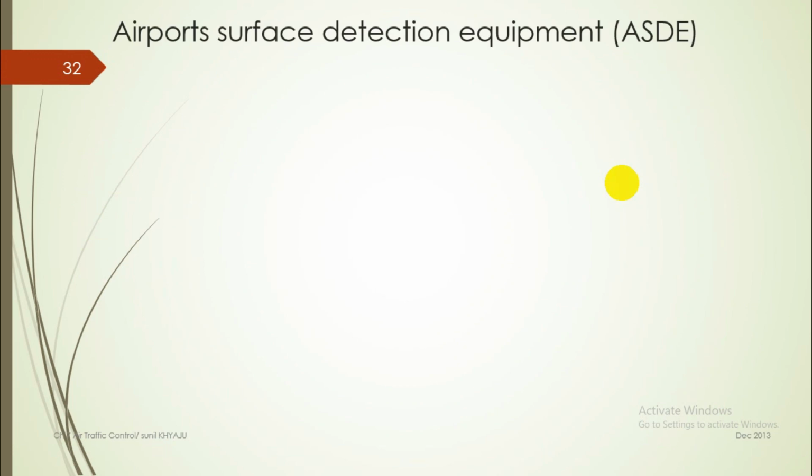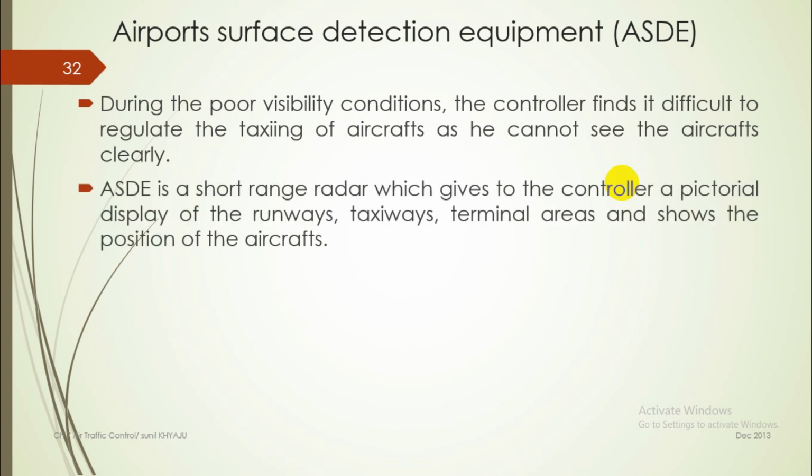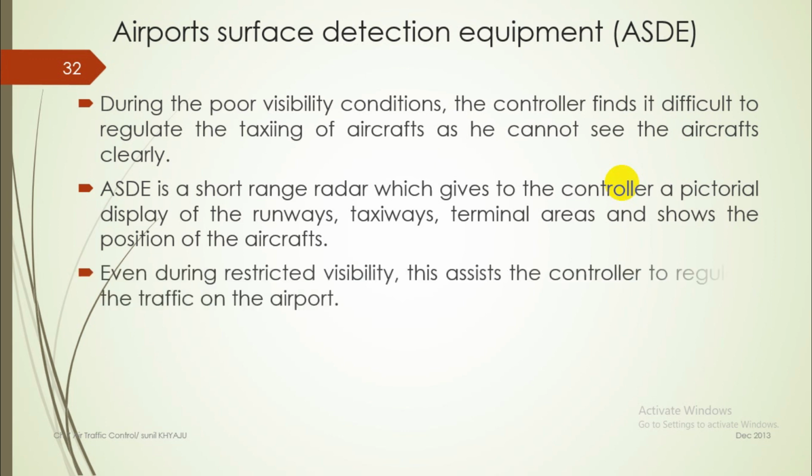Airport surface detection equipment. During poor visibility conditions, the controller finds it difficult to regulate the taxiing of aircraft as he cannot see the aircraft clearly. Airport surface detection equipment, that is ASDE, is a short range radar which gives to the controller a pictorial display of the runway, taxiway, terminal area and shows the position of aircraft.